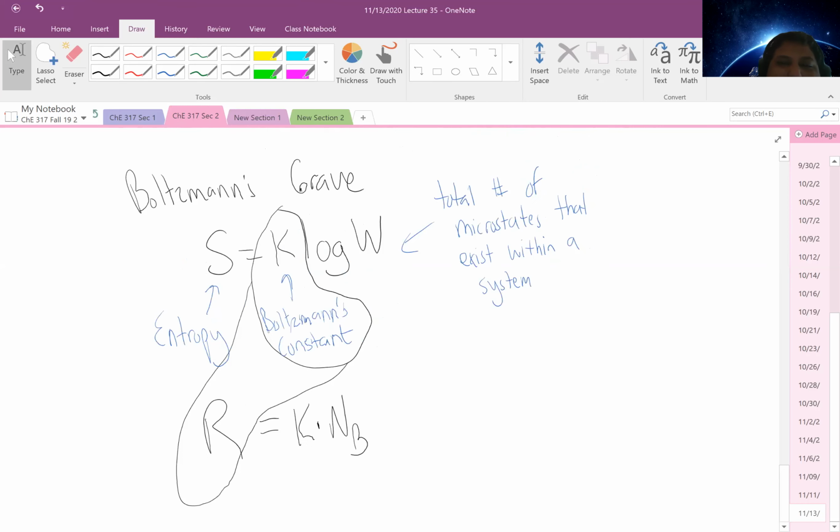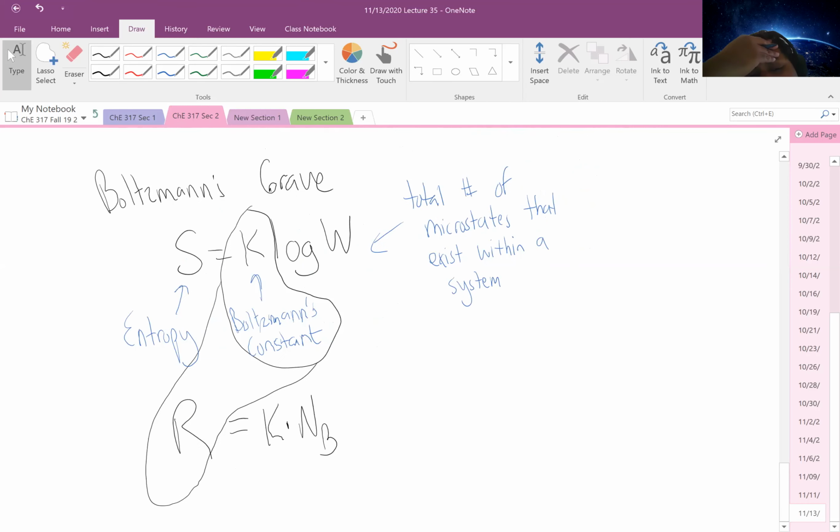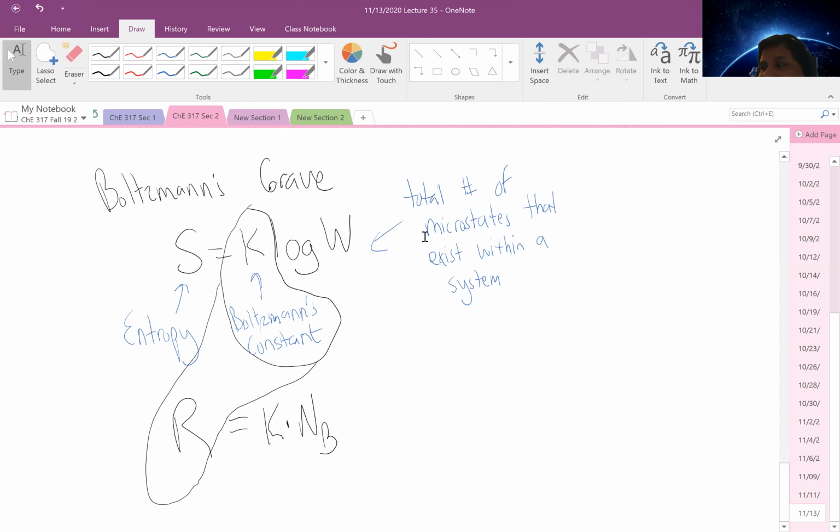So I think that's a cool discussion in terms of the emergence of R, where it comes from, and how it relates to the thermodynamic principles that we discuss.